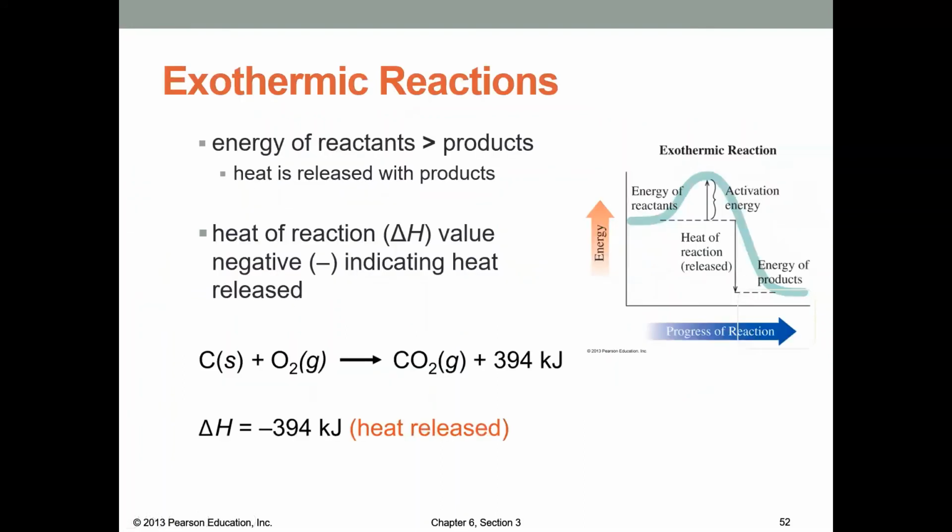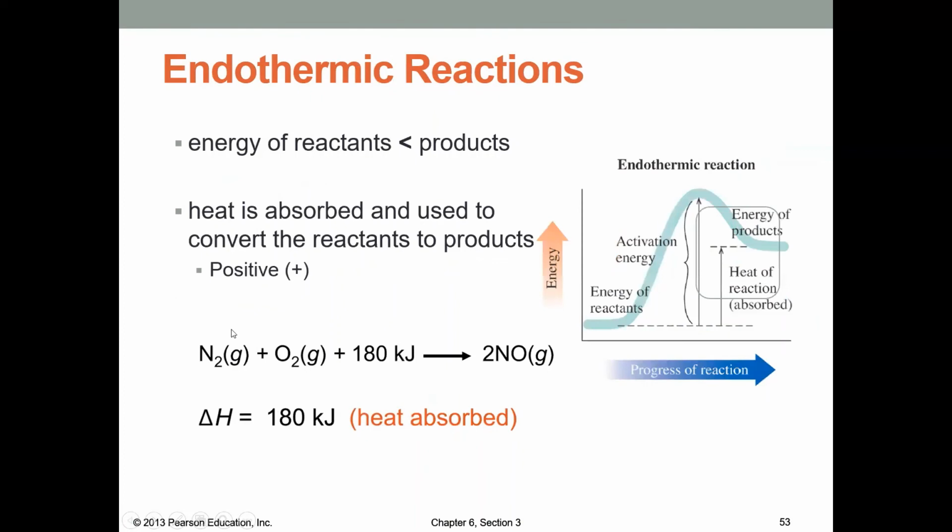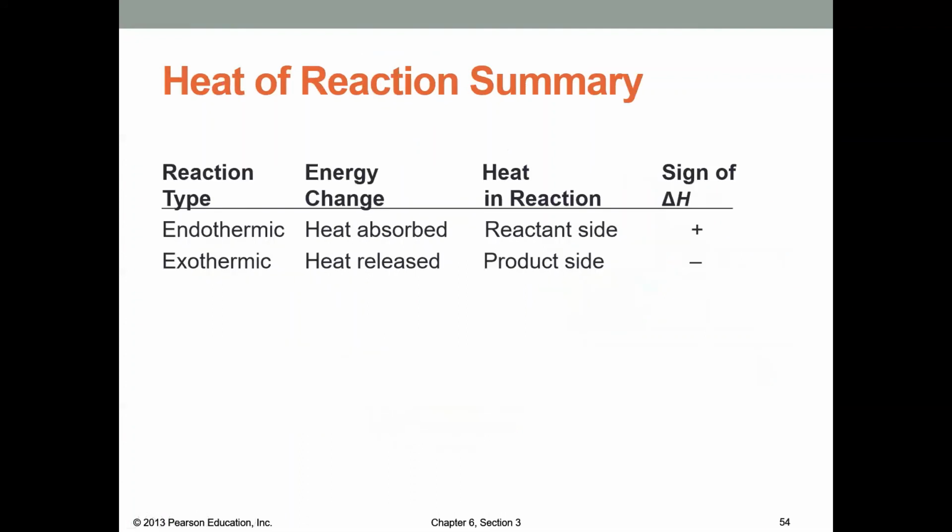Exothermic reactions, heat is released, and they have a negative delta H. In our endothermic reactions, heat is absorbed, and they have a positive delta H. If heat is being absorbed, you're going to see it on the reactant side. If heat is being released, you'll see it on the product side.